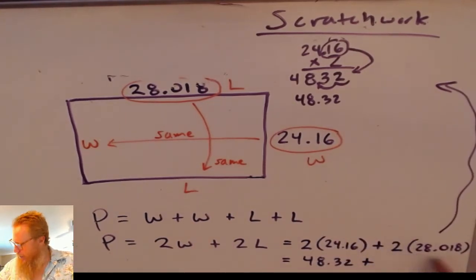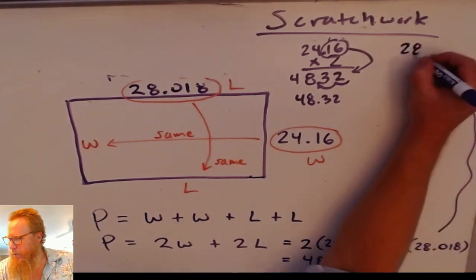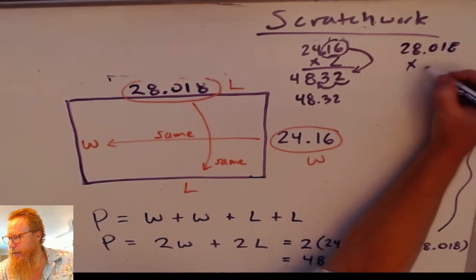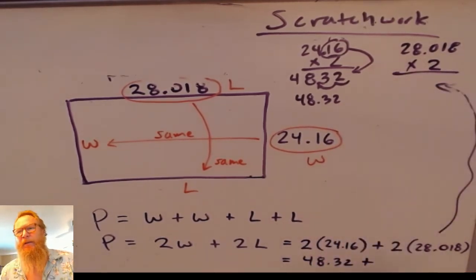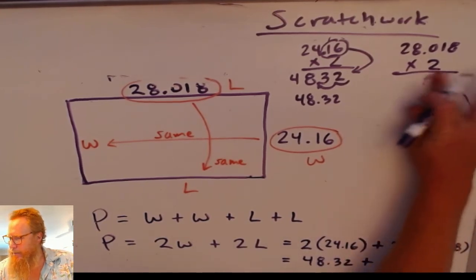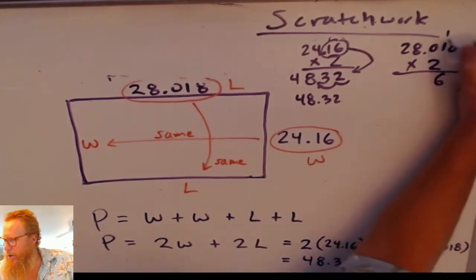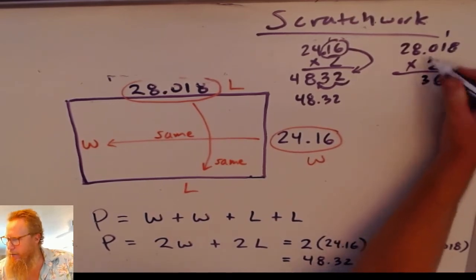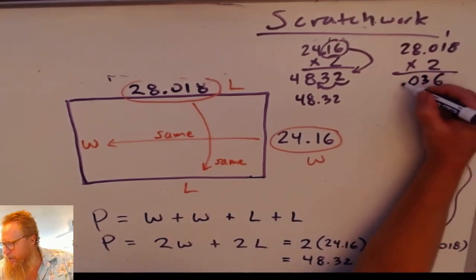Okay. For the 28.018, I got 28.018 times 2. So 2 times 8, 16. Carry the 1. 2 times 1 is 2, plus 1 is 3. 2 times 0 is 0. 2 times 8 is 16.